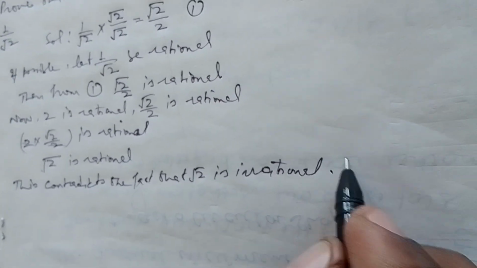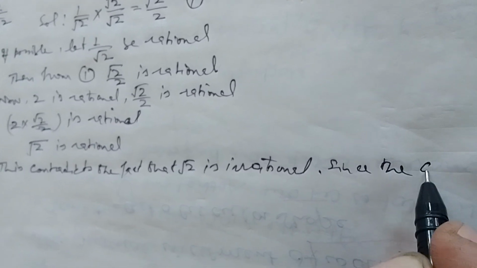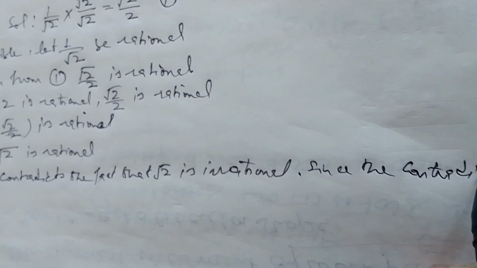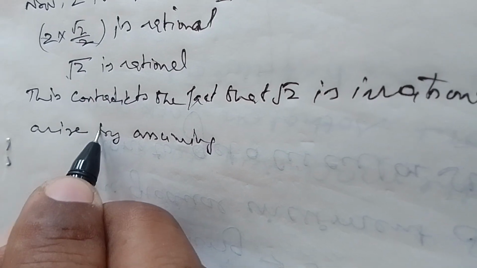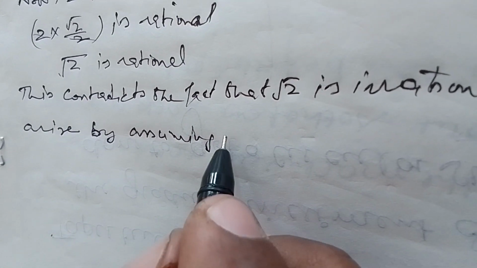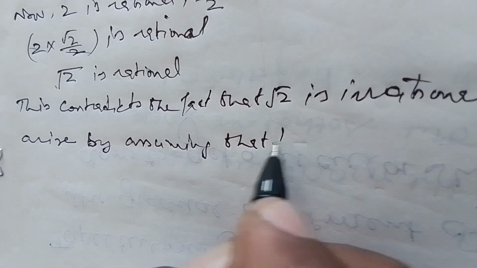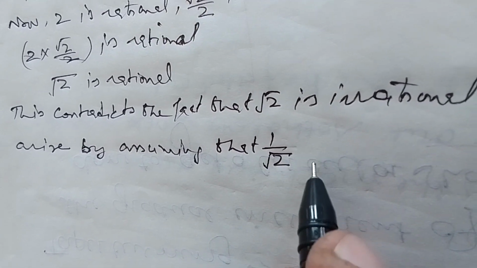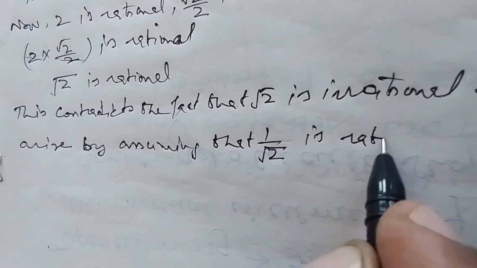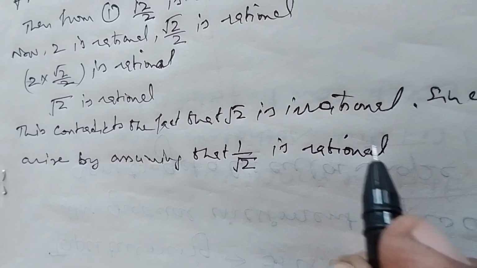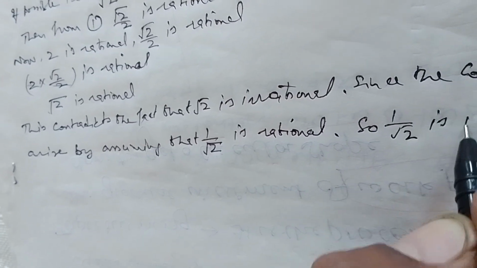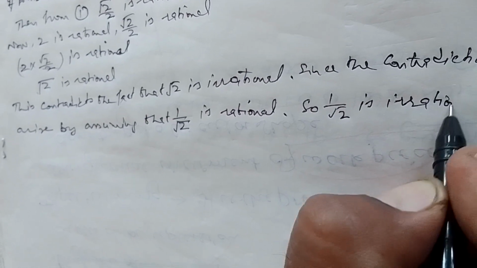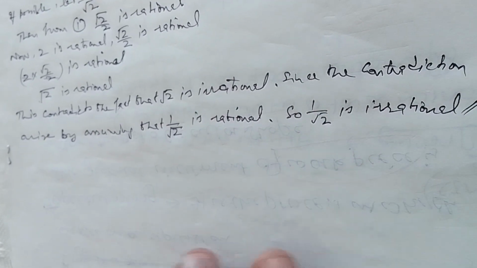Since the contradiction arises by assuming that 1 divided by root 2 is rational, so 1 by root 2 is irrational. So this is the solution of the first part.